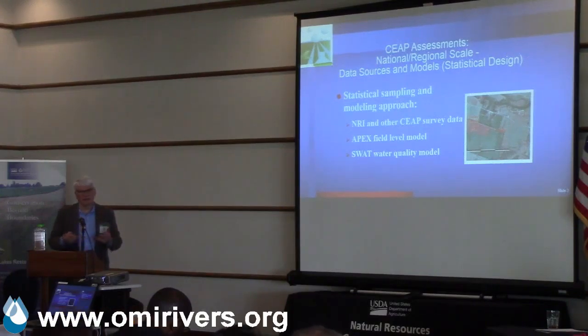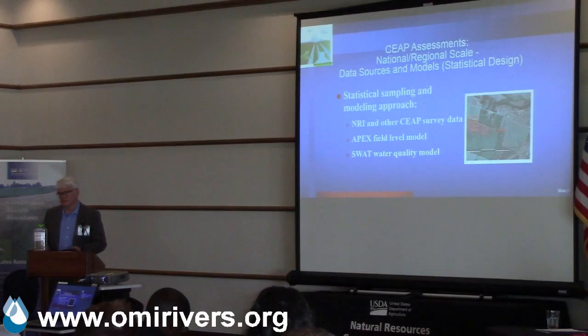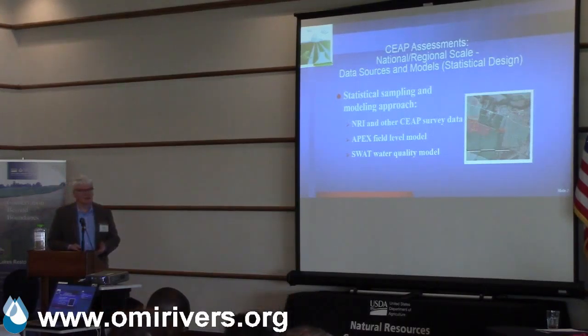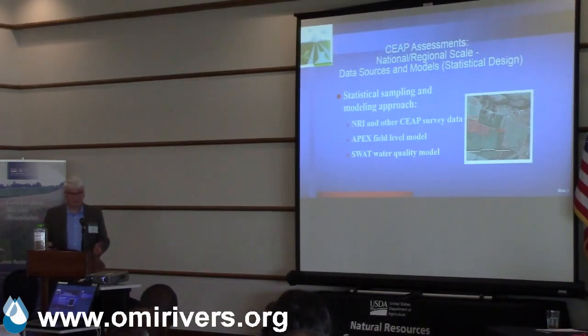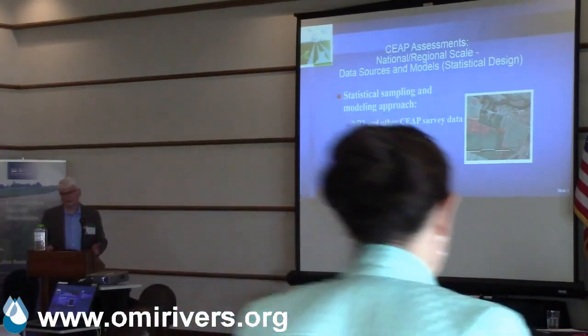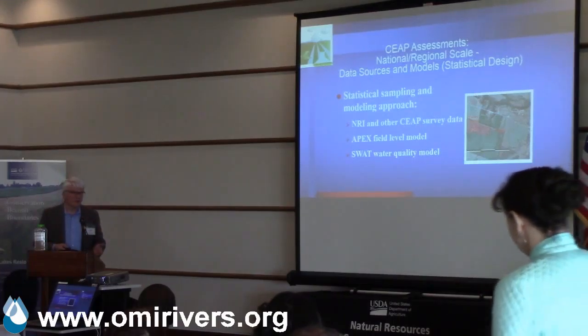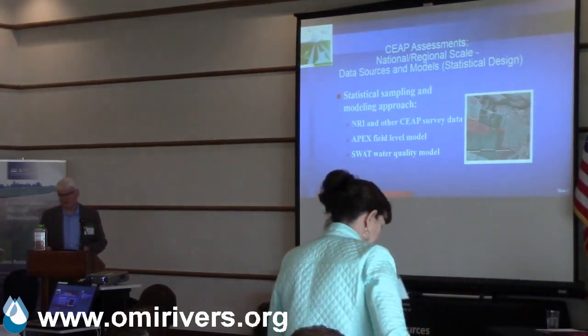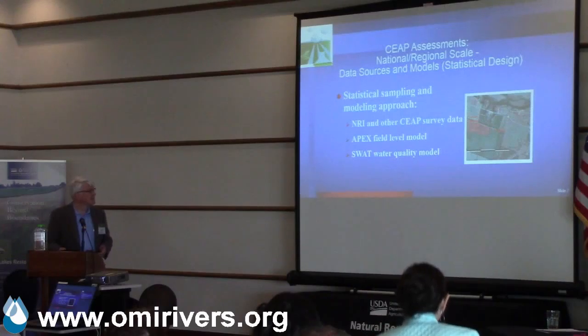So we make sure we have the correct representation of corn, soybeans, and other types of rotations that are going on, as well as to make sure we have correct demographics. So we're not sampling all small landowners or large landowners. The NAS and the NRI statisticians work together so we have a good mix so we can represent the practices that are out there, because each of these different farm sizes would have different tendencies to adopt certain practices.